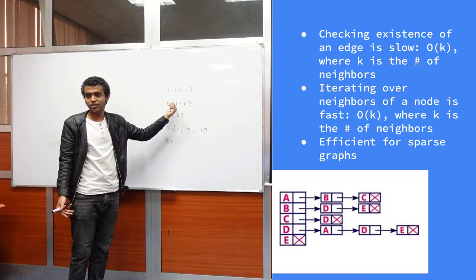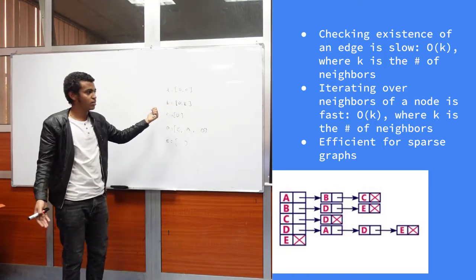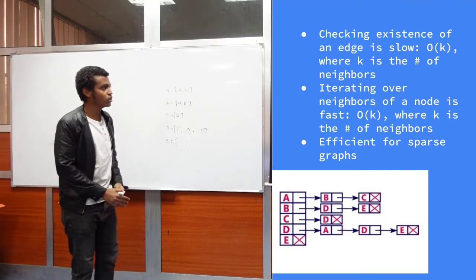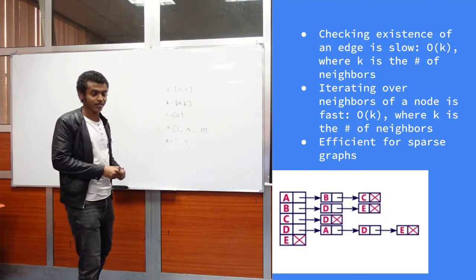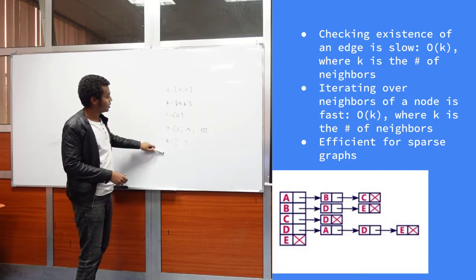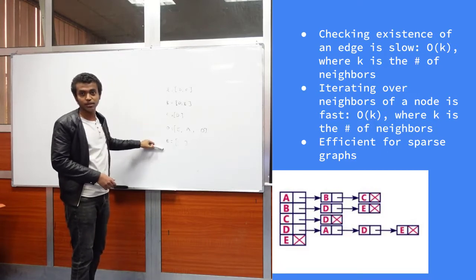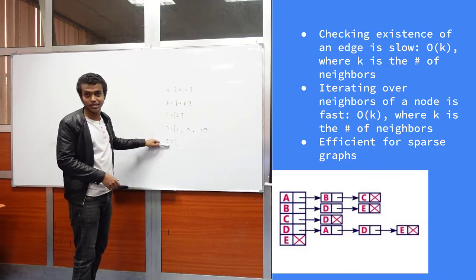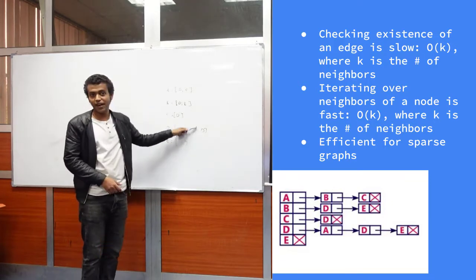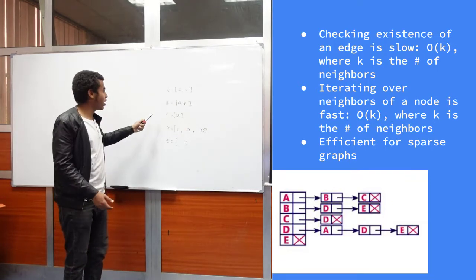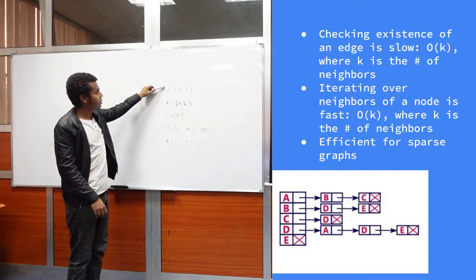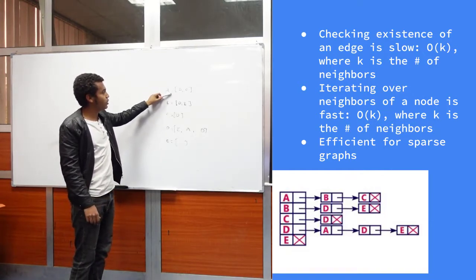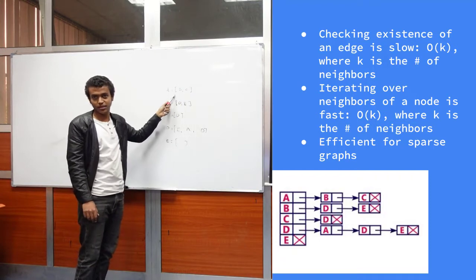Is that clear? It's easy. Normally in code, these are usually stored in a dictionary. These are the keys, and these are the values. In order to find neighbors of A, you just check the graph with key A, and it returns this. Clear?